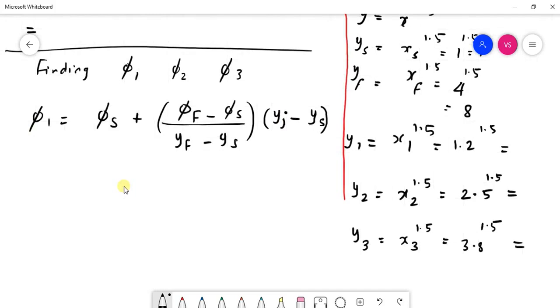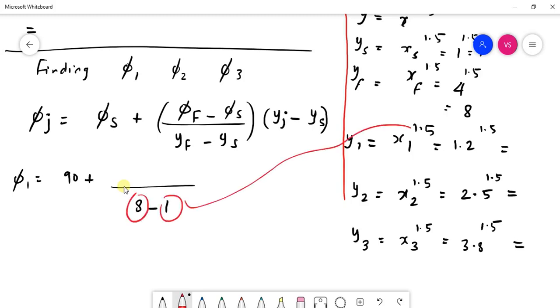When I do for phi 1, so this is not phi 1, this is phi j. When I do for phi 1, what will I write? Phi s is given as 90 degree plus yf, this number 8, minus ys, that number which is 1. So this number and this number come from here.